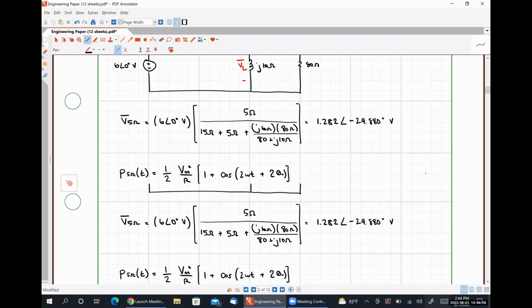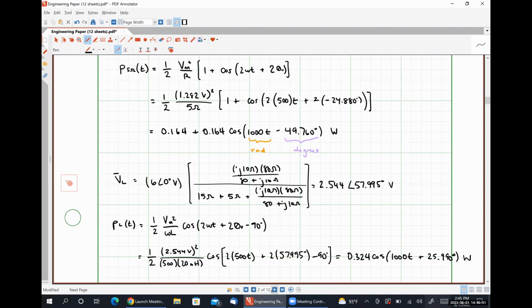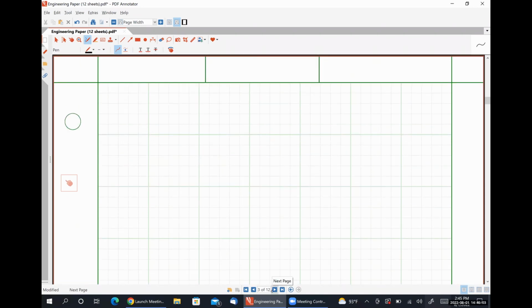So I can say that VCS is simply equal to V5 ohms plus VL. And because my memory is poor, I'm going to have to flip back and forth to remember what those voltages are exactly.